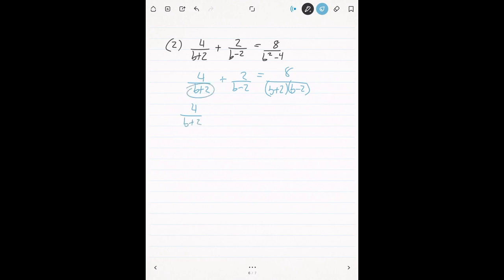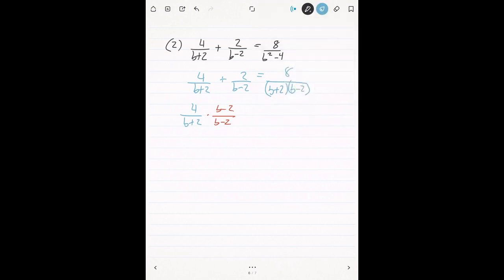Well, this denominator had b plus 2, but it didn't have a b minus 2. And this denominator had a b minus 2, but it didn't have a b plus 2. So I'm going to multiply them by each other. So let's multiply the first one by b minus 2 over b minus 2.